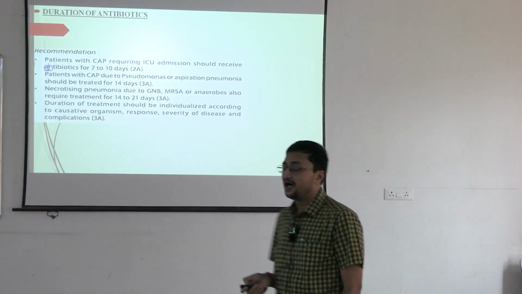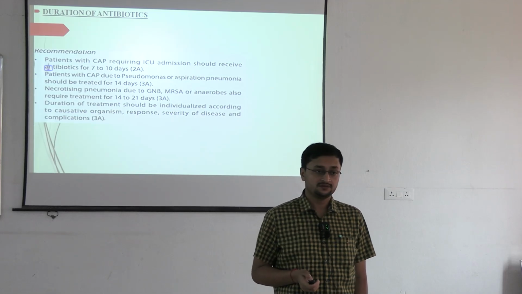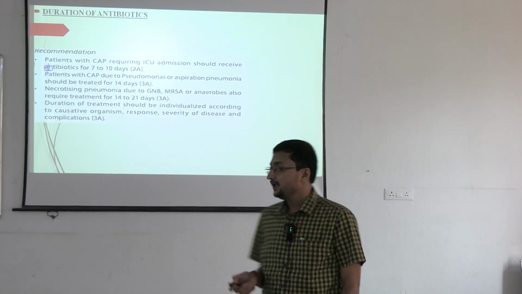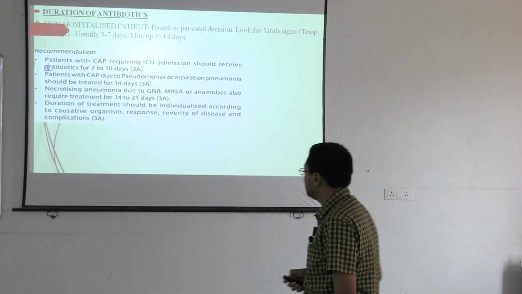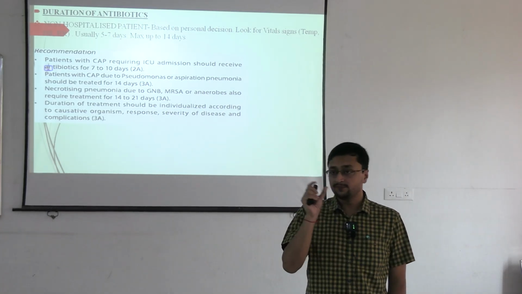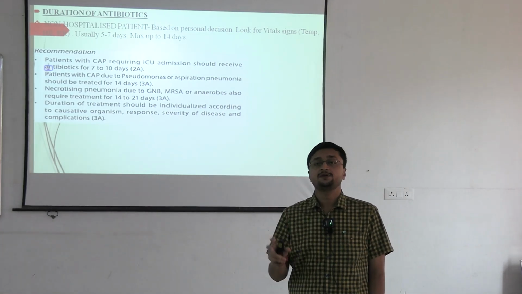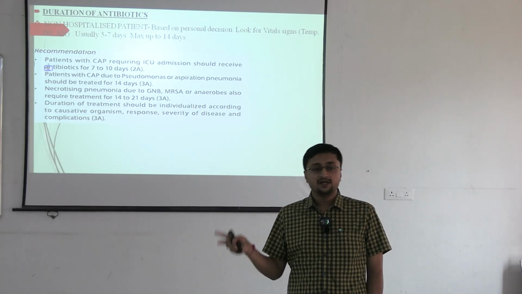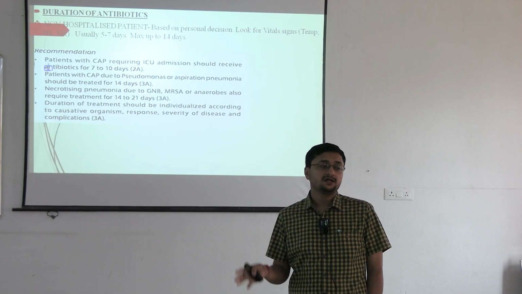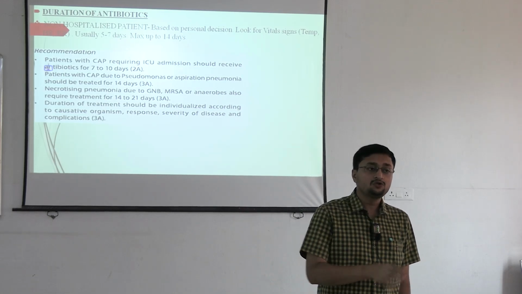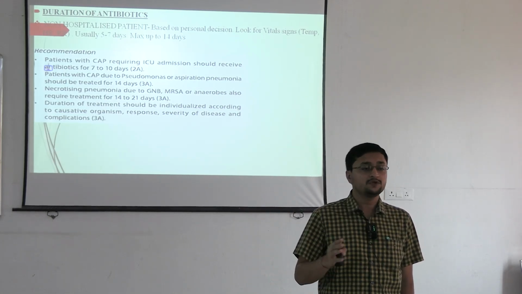So what could be the ideal duration of antibiotic? Most commonly in patients with CAP requiring ICU admission, the antibiotic duration should be 7 to 10 days. But recently a trial was published in the New England Journal of Medicine, which recommended not to prolong the antibiotic for more than 7 days.